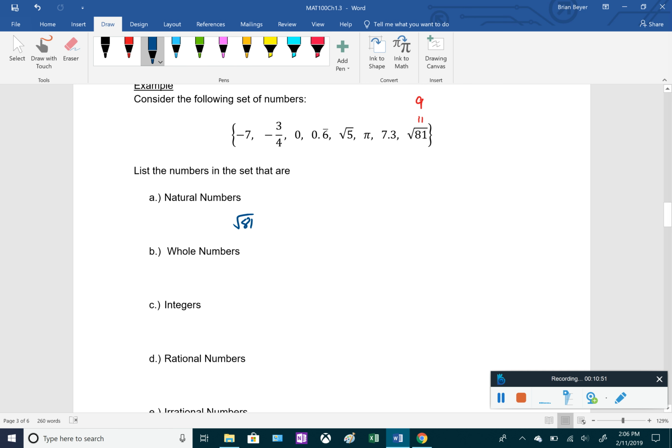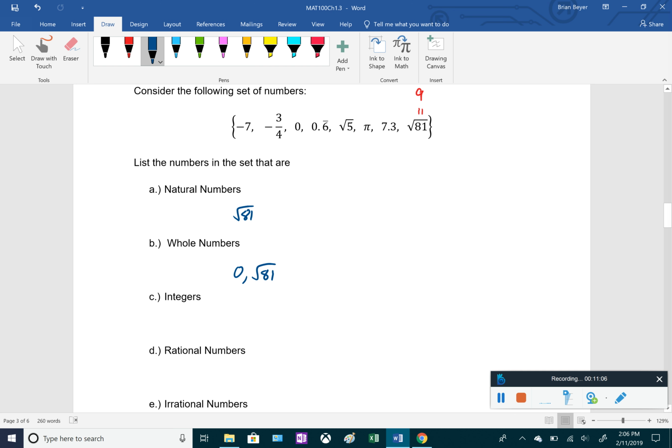Next, whole numbers are going to be natural numbers, but also 0. This set does have a 0 in it, so 0 is a whole number. So is radical 81. Next, for integers, we can cheat a little bit and say that they're going to be all whole numbers, also including negative whole numbers, which in this case would be -7.